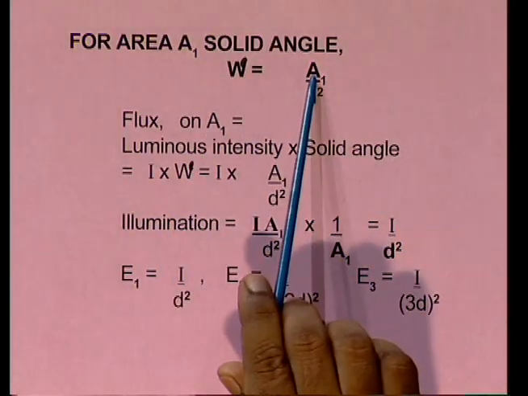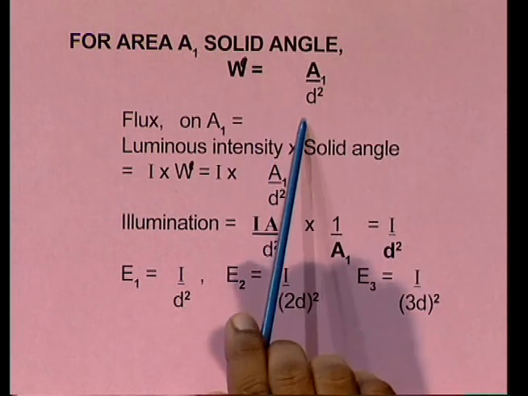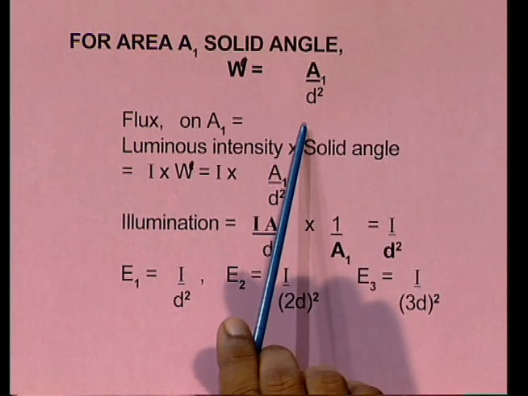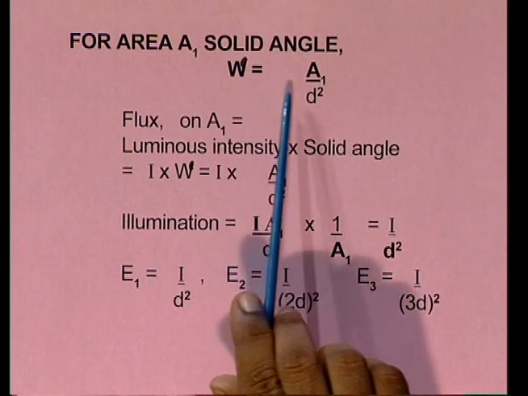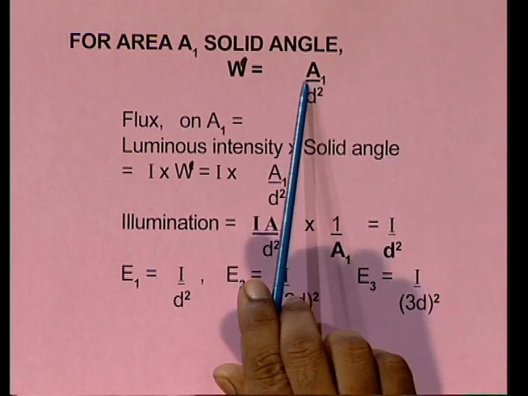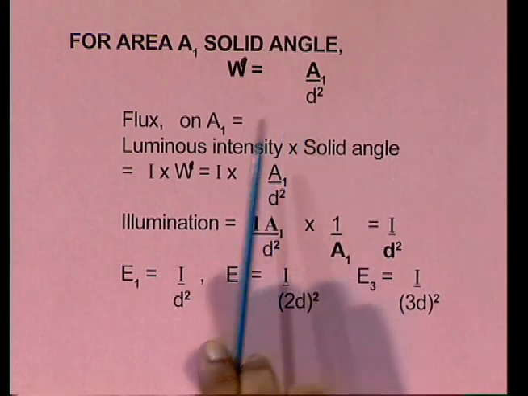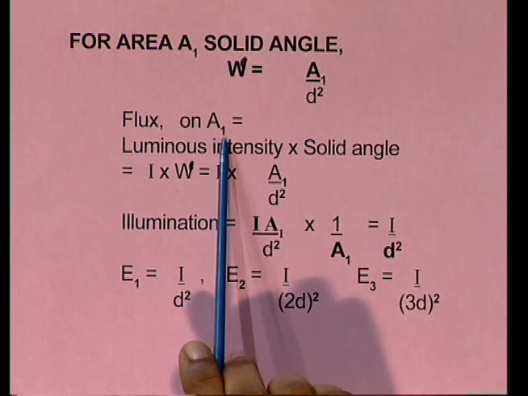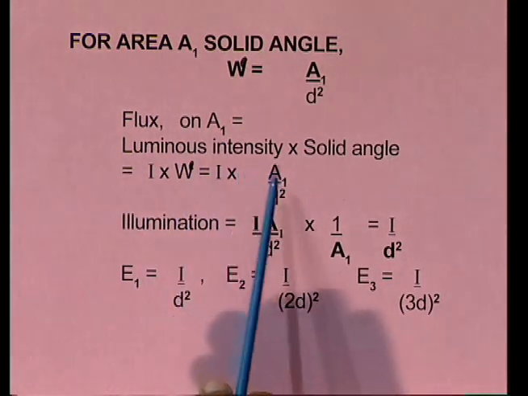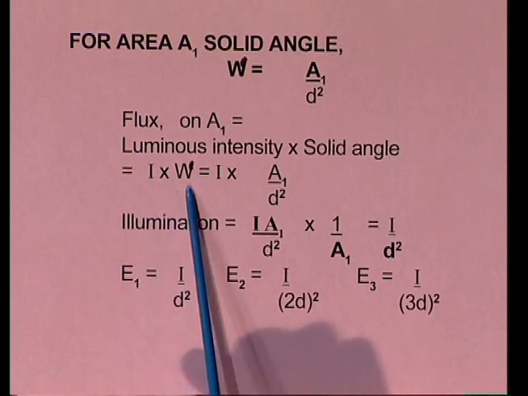Now, you can see the derivation part of this. For area A1, solid angle equal to area by square of the distance. This is the definition itself, says the solid angle equal to working space area by distance square. So, the flux falling on the area 1 equal to luminous intensity into solid angle, that is I into omega.